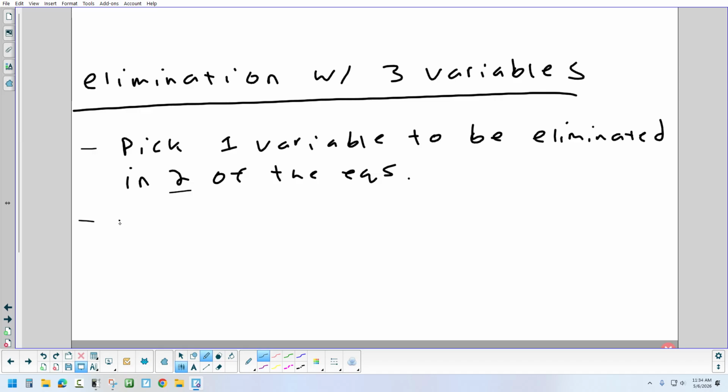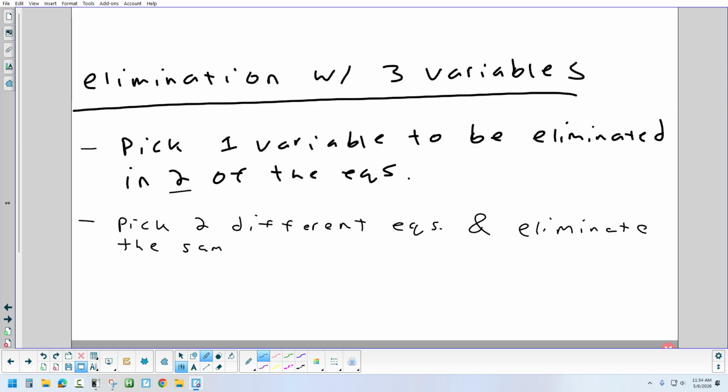And then you're going to repeat that, but you're going to use two different equations. So now, pick two different equations, but you have to eliminate the same variable. You have to use the same variable you did the first time. So pick two different equations and eliminate the same variable.